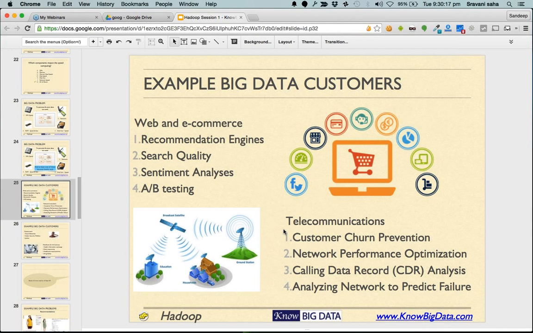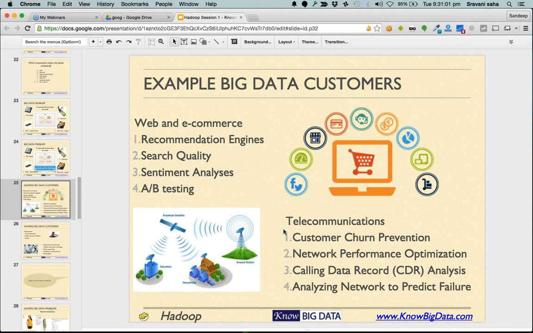So when we talk about web and e-commerce companies, the recommendation engine is one. Second is search quality. Observing what people are clicking upon would make search engines like Google understand which search results are better. Third, if you have to give an autocomplete, autocorrect, or spelling mistake suggestion kind of tool, you will have to crawl a lot of the internet to build such a dictionary which can give immediate suggestions, and that requires a huge analysis of data.